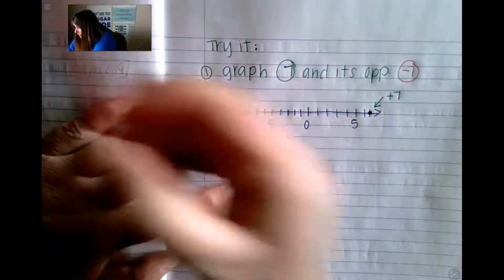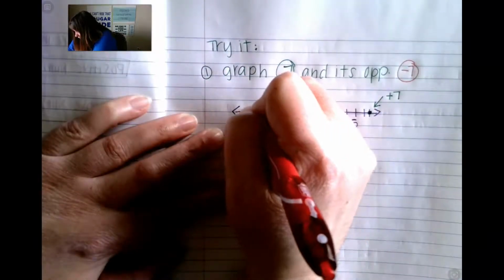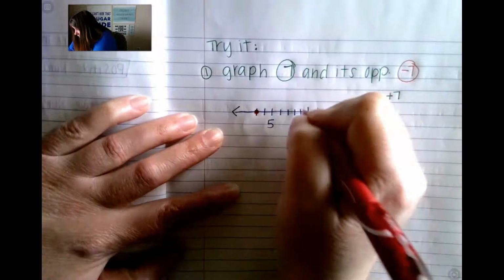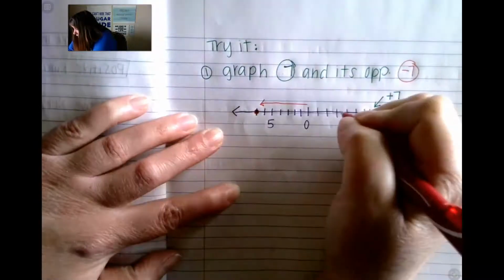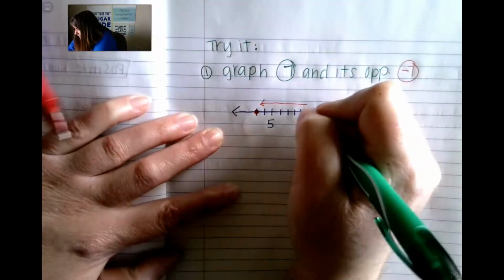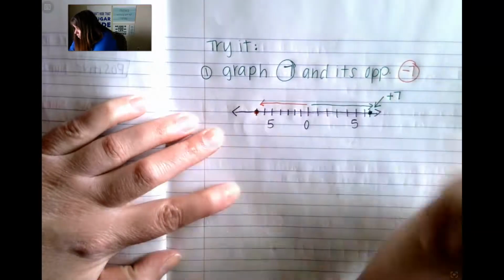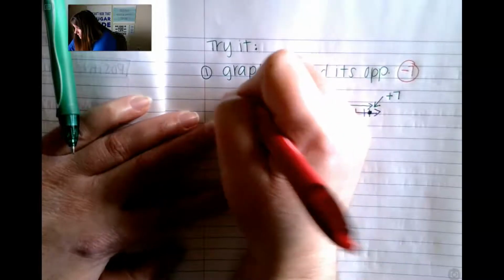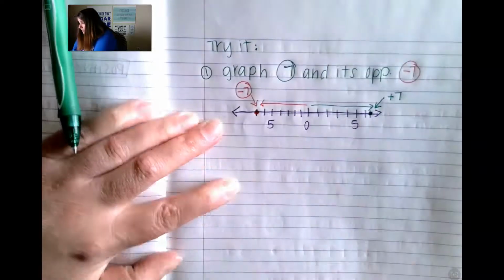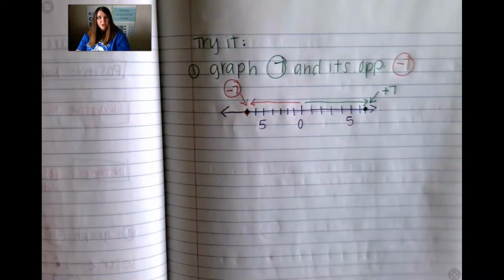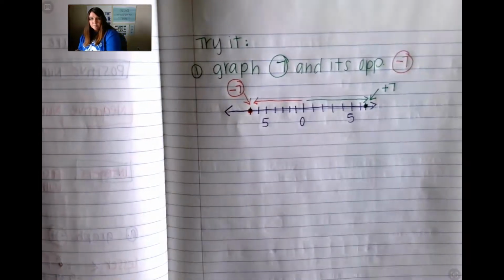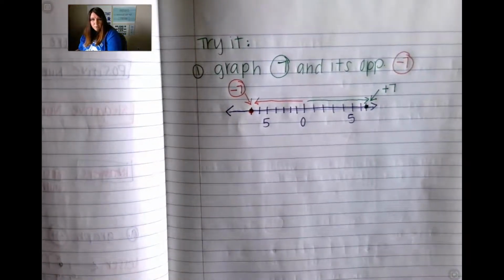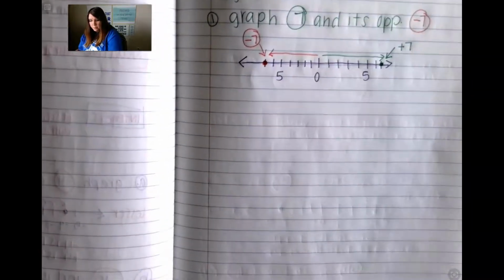So I'm going to graph here's my dot for negative 7, because I did 7 jumps to the left. So this right here is negative 7. All right, how did you do on your graphing? Remember, we always start at 0 and then jump.